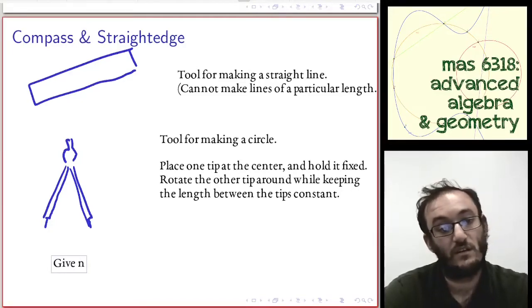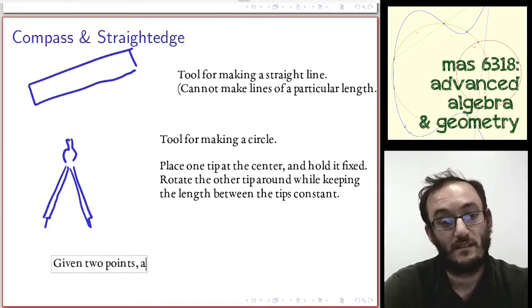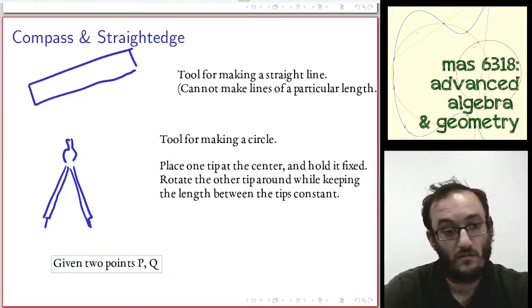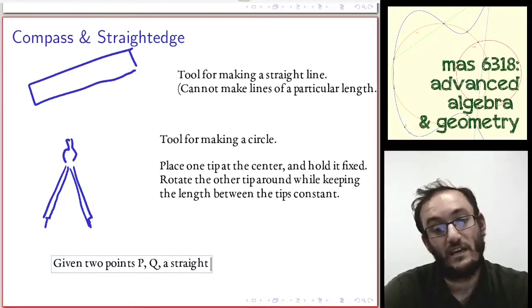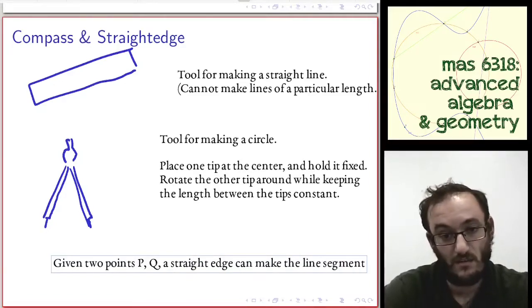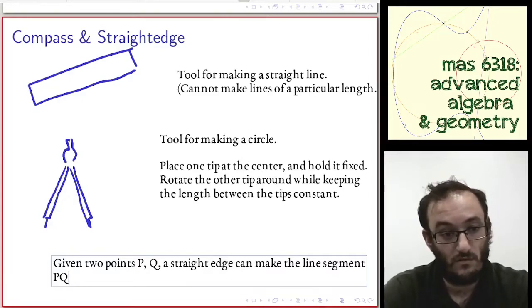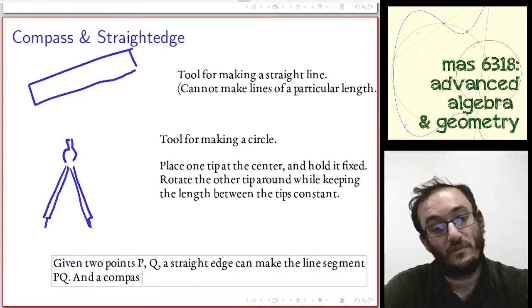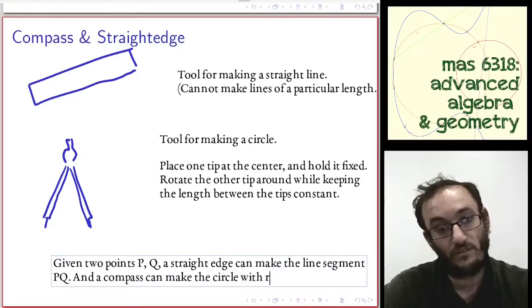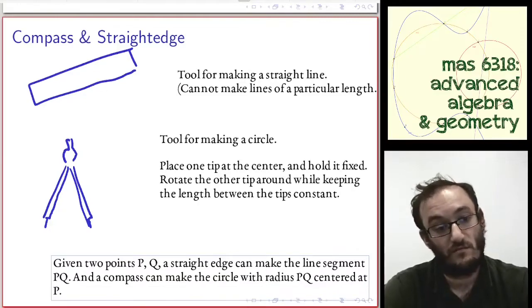So given 2 points, let's call them P and Q, a straightedge can make the line segment PQ, and a compass can make the circle with radius PQ centered at P.